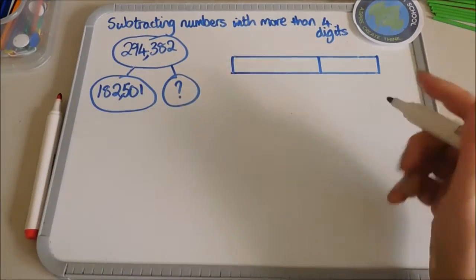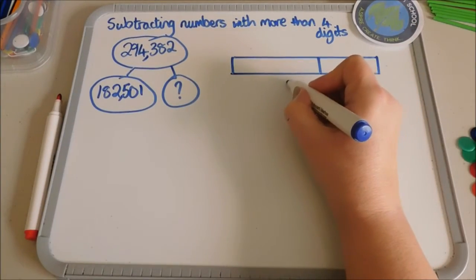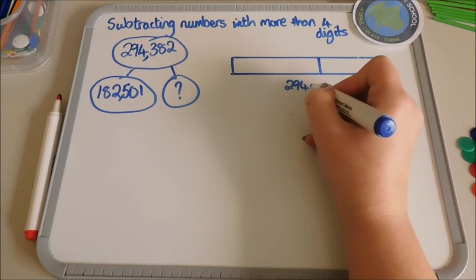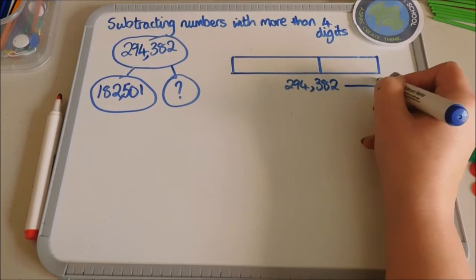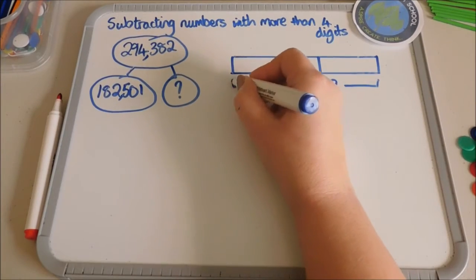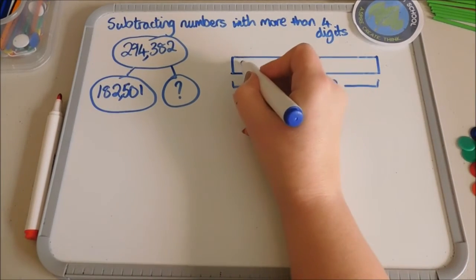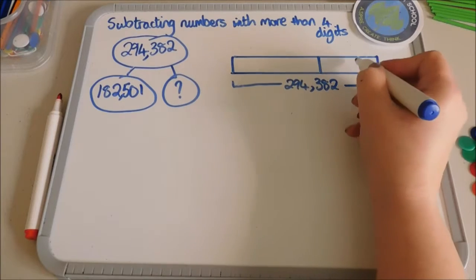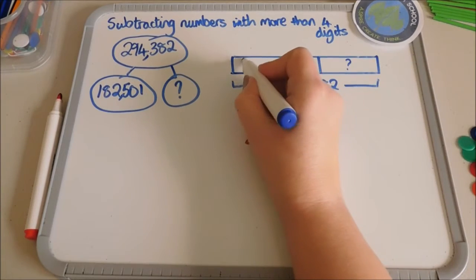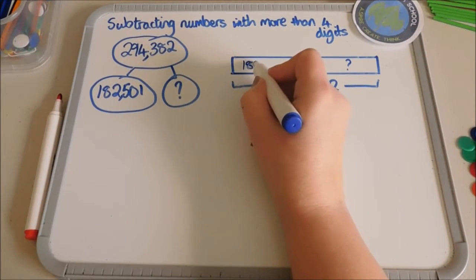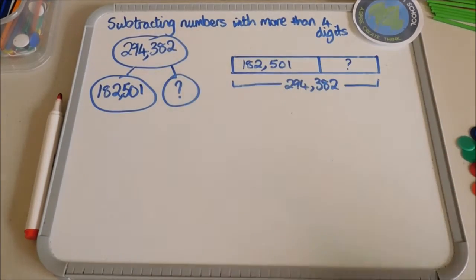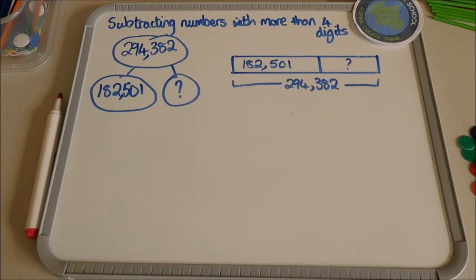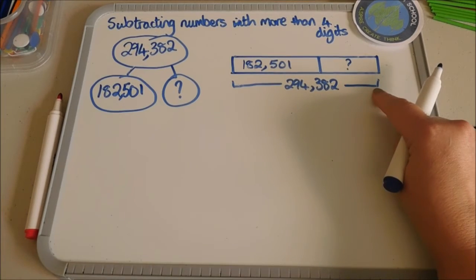So you would have your whole number, 294,382, as the length of the whole bar, and we will be subtracting part of it to find the missing number. So we will subtract 182,501.